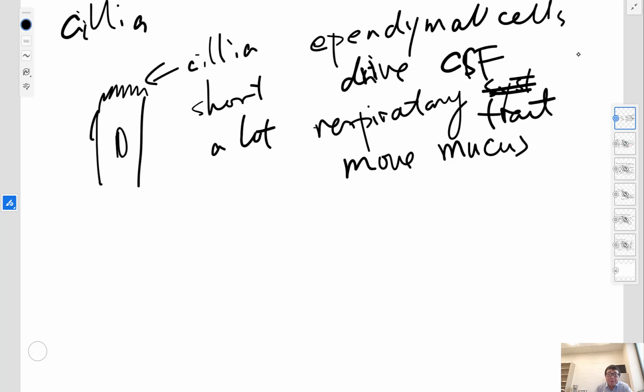Another place is the female reproductive system, in the uterus and the vagina, where their function is to keep pushing out. So when sperm get into the vagina and the uterus, they always need to move forward against the pushing of the cilia. This pushing function helps clean up the uterus and the vagina, and also helps move the egg. The egg has no motility. So this is the cilia.